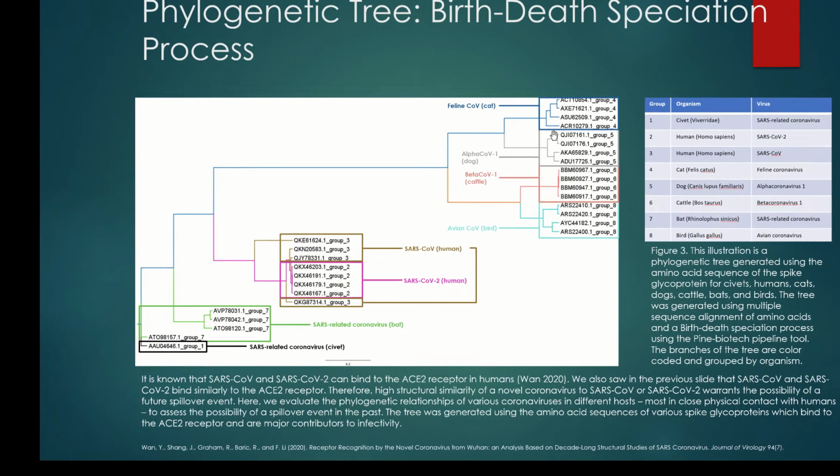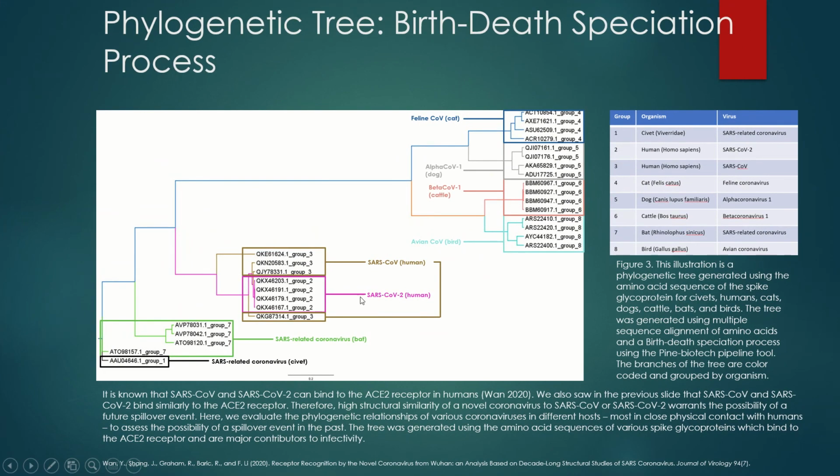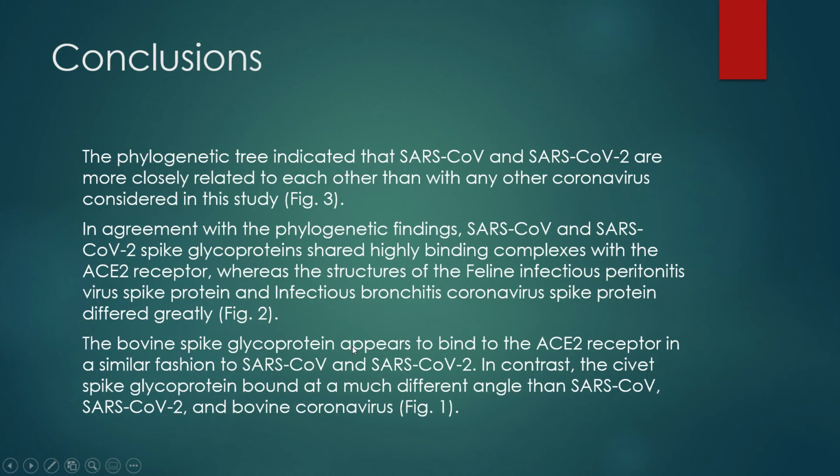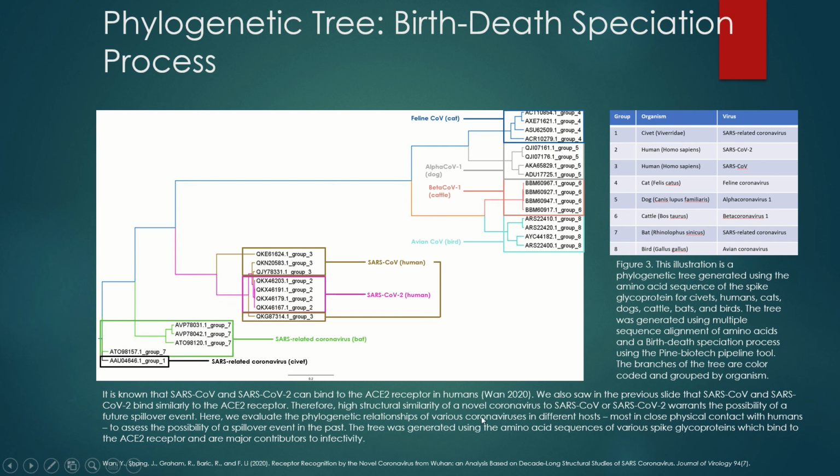So it poses the question of, maybe there was some sort of spillover event at one point in time. Maybe it was with SARS-CoV-1 back in 2003, where we infected birds or cattle or dogs and it spread to each other that way. So I thought it was important to bring up that tree.